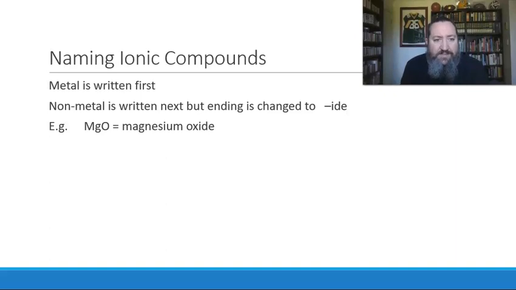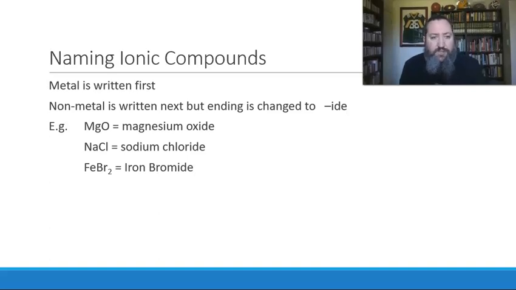The magnesium is written first and is named first, doesn't change its name, and then the oxygen at the end there becomes oxide. Another common one that you would see, sodium chloride, so 1 sodium atom, 1 chlorine atom. And then here we have iron bromide. Now there are 2 bromine atoms here, but we don't have to worry about that in the name. We just name the type of atom it is, so iron, bromide, no mention of the 2 in the name at all.